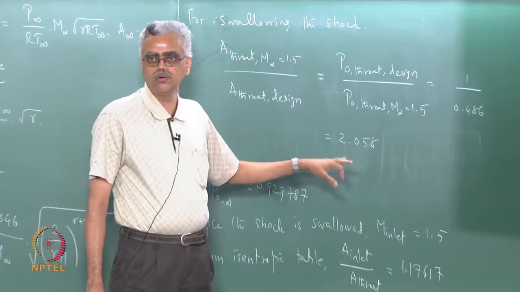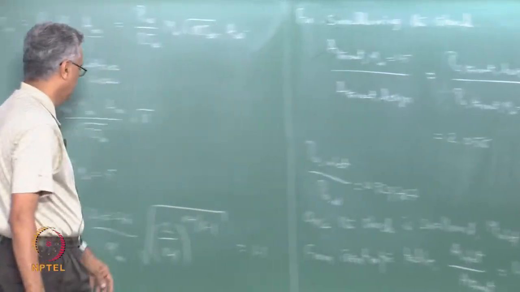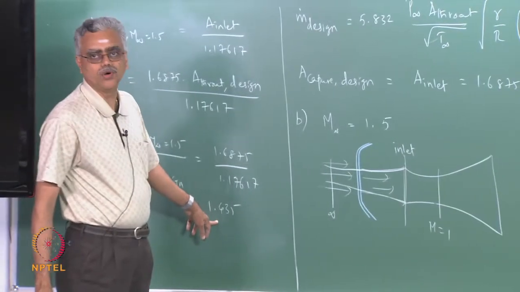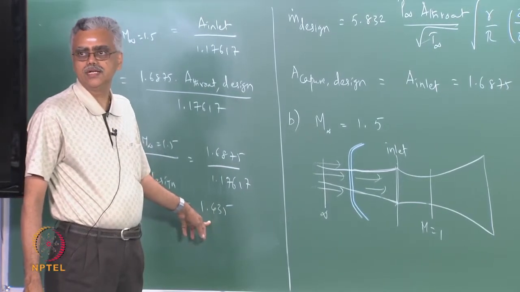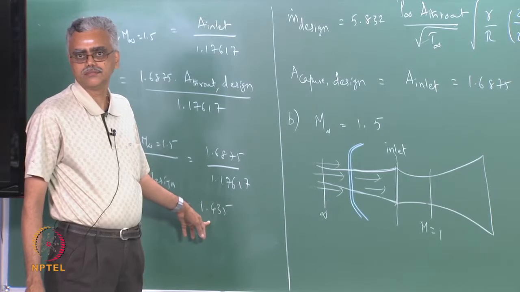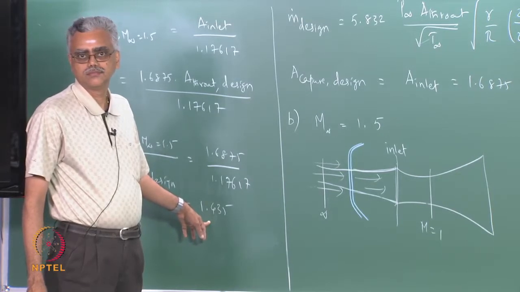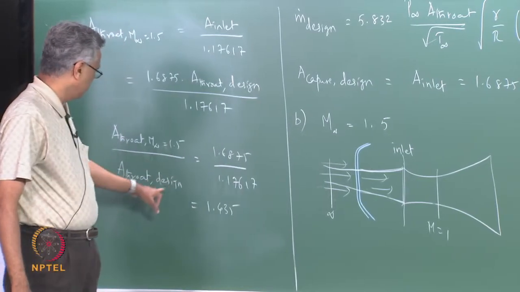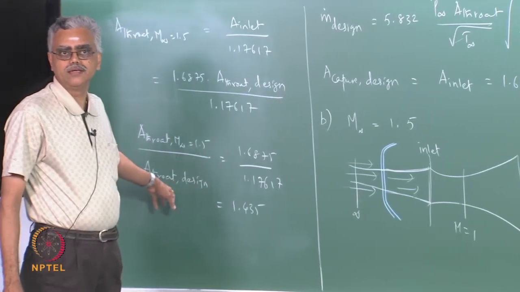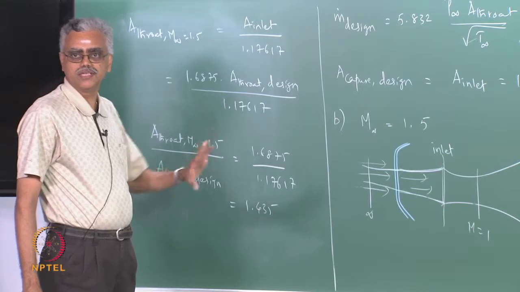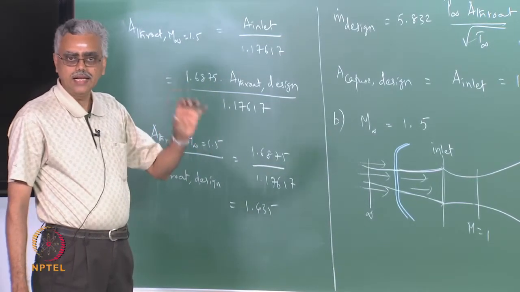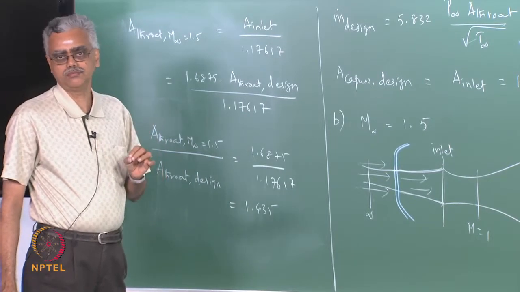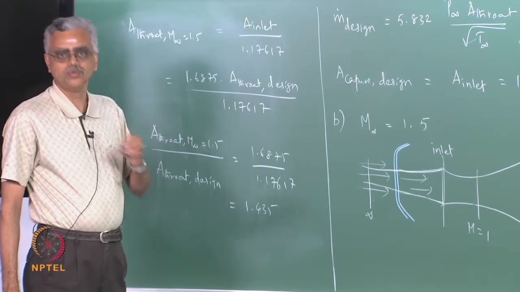Once the shock is swallowed, I then reduce the throat area to this value so that I can continue to operate shock free in an isentropic manner. Okay. Notice that we have consistently calculated everything in terms of the throat area under design operating condition. So, everything is around that, and the free stream static conditions remain the same. Okay. These are the two important things.